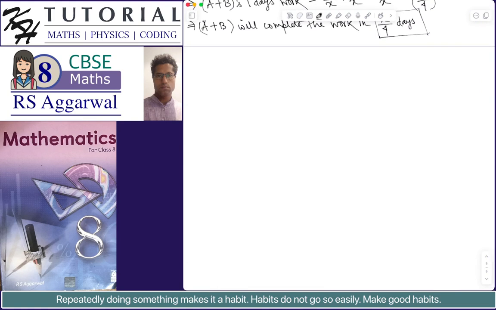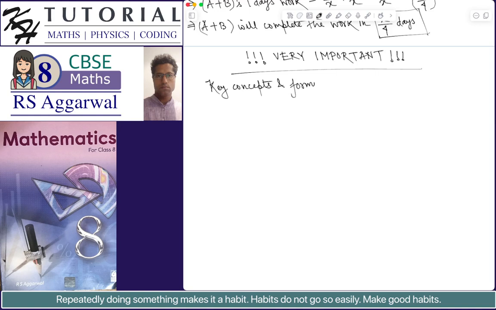Okay, so this is very important to do. Very important key concepts and formulas used to solve the problems.